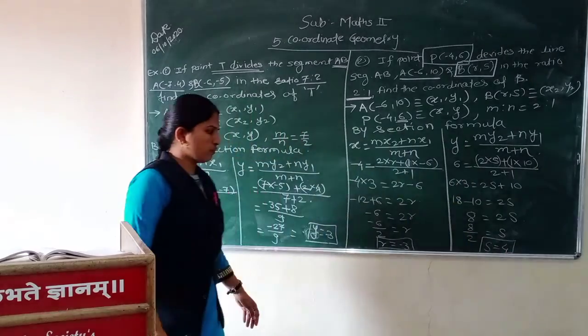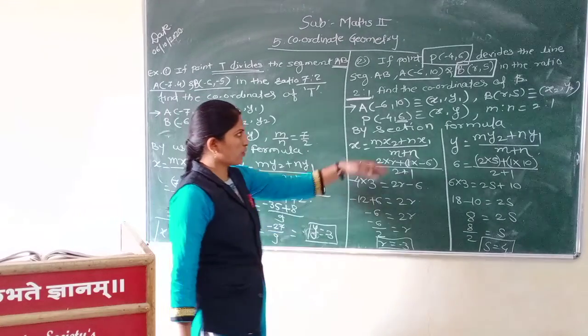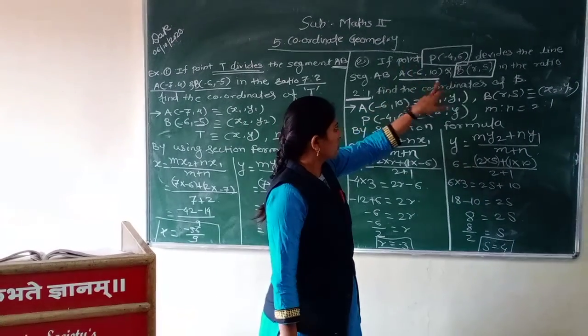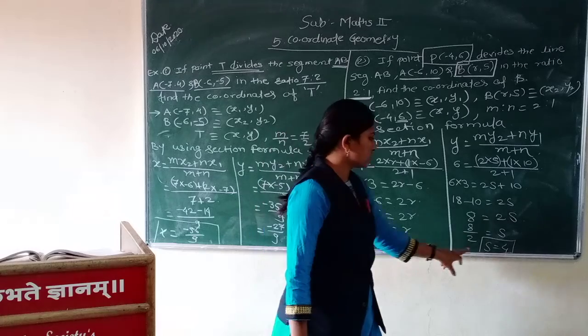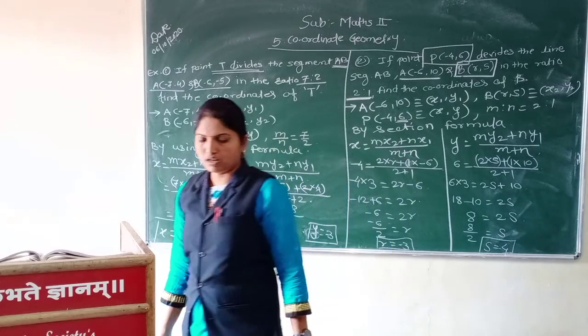S is 4, means the coordinates of point B are (-3, 4). Understood?